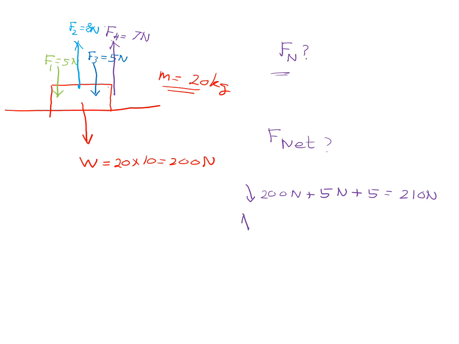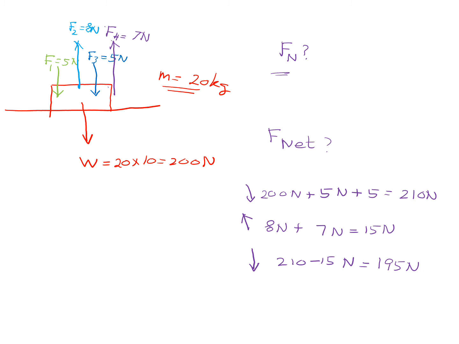Then write down the forces going up. You have an 8 Newton force, plus 7 Newton. 210 minus 15 Newton, 195 Newton force pointing down.